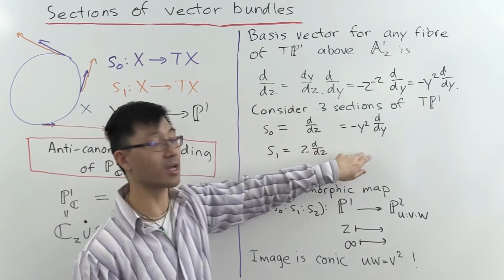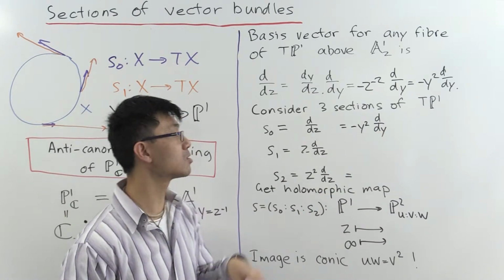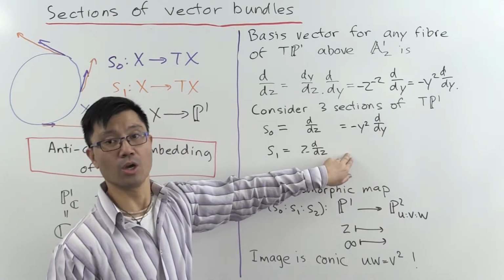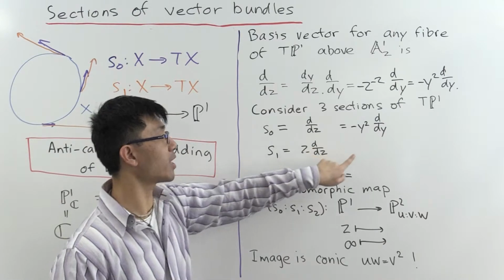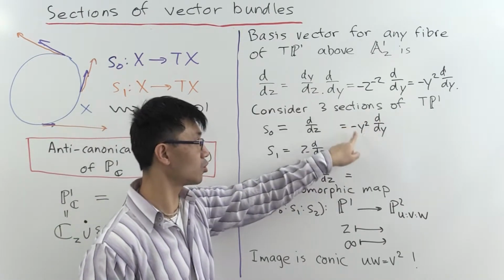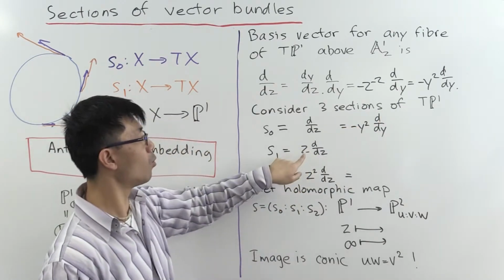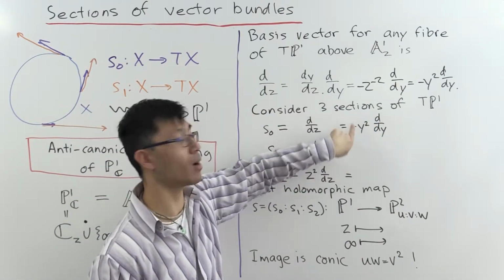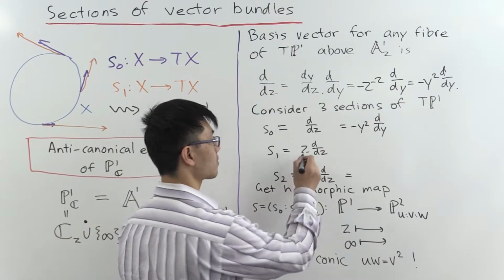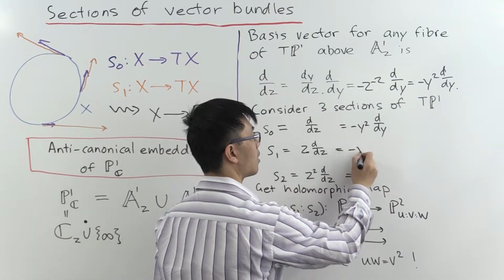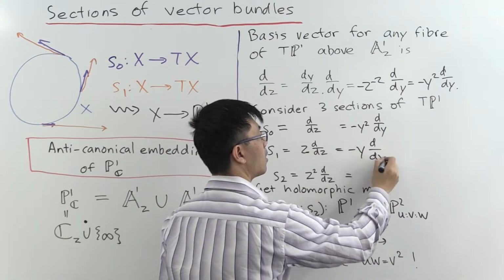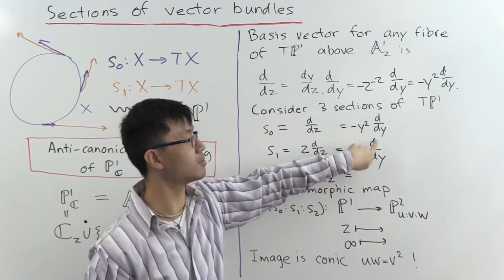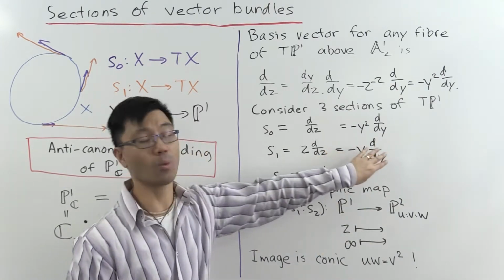Of course, you have to make sure that it's well defined at infinity too. So what do you need to do? You need to work out what its value should be at infinity. Well, you just multiply this by z, and z is y inverse, so you multiply this by y inverse. And of course, your answer is just minus y times d/dy. So it's still well defined here.